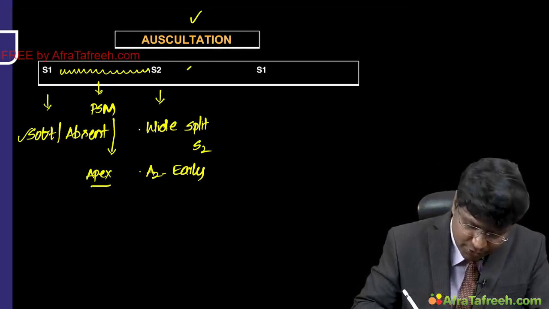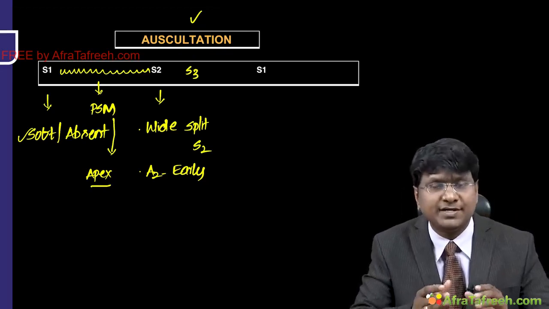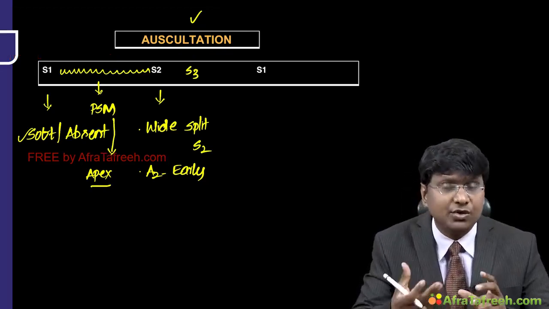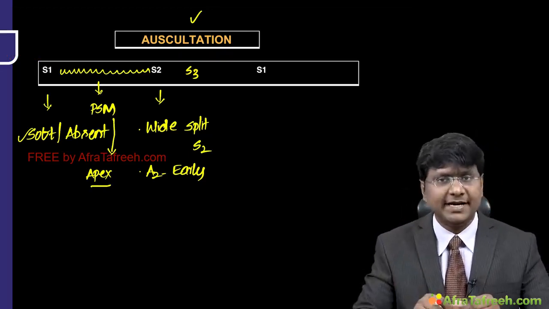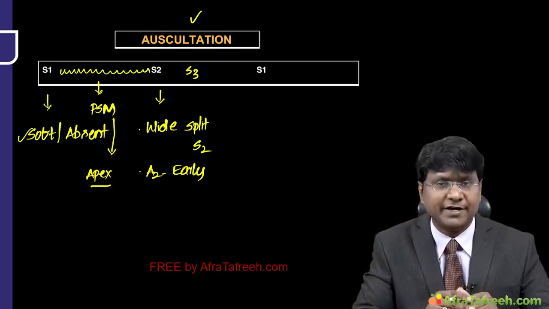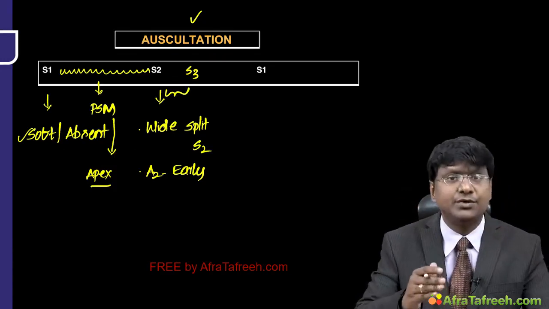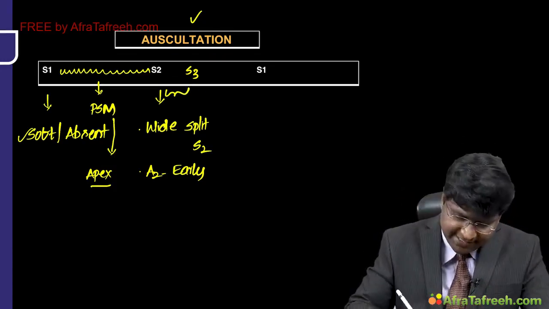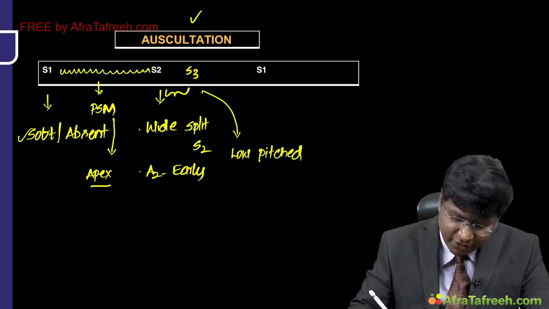One is S3, the third heart sound, which is heard because a large volume of blood is returning back to the LV with a greater force, and thereby you will have a pathological S3, because of excessive rapid filling of the left ventricle in the first phase of the diastole. Now, what will be the duration between your S2 and S3? Your S3 is a low pitched sound, heard at the apex, which requires the bell of the stethoscope.